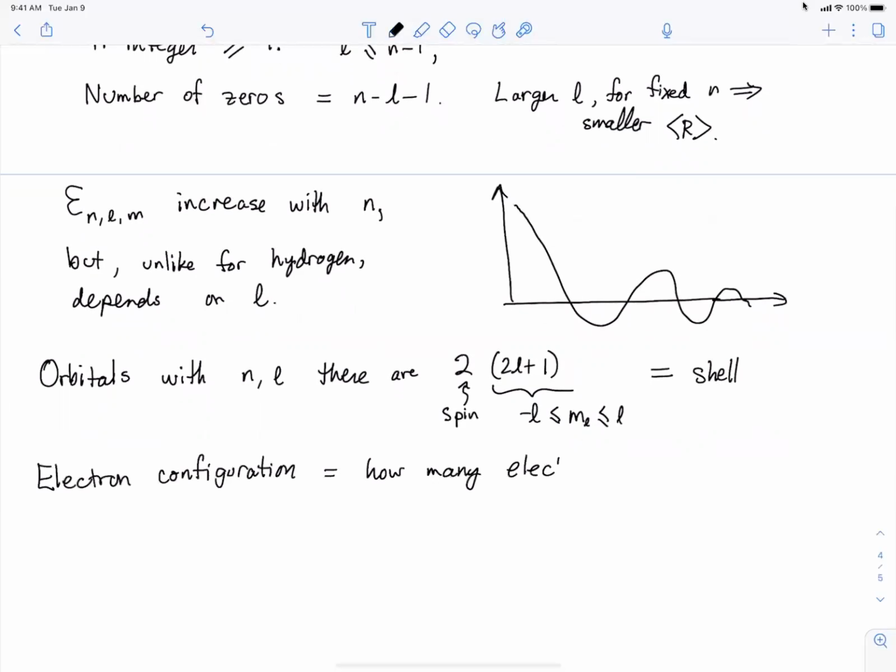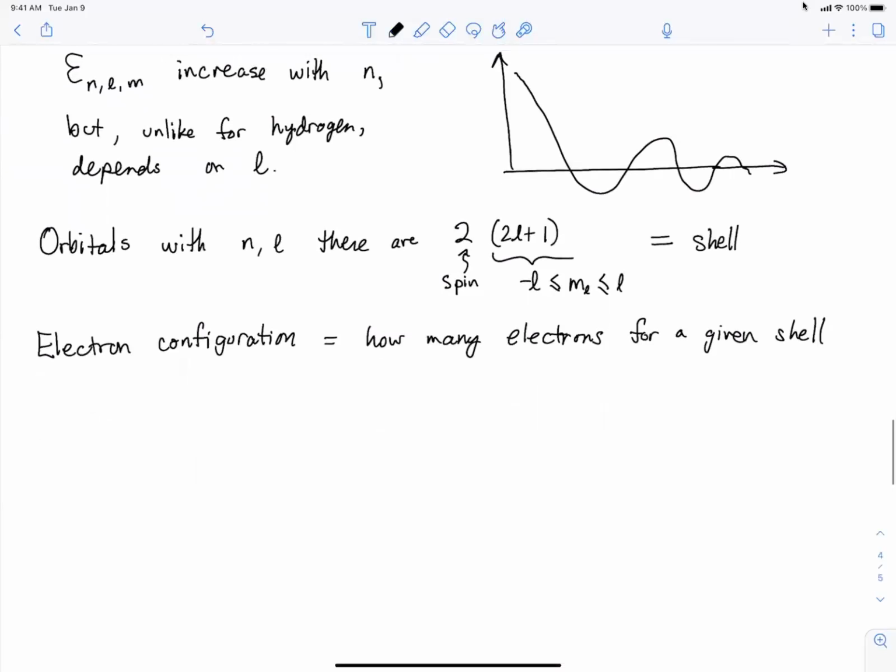And so for the next couple of lectures, we're going to be talking about how to think about electrons filling up shells. Not just how they fill up the shells, but in what angular momentum states they will arrange themselves when they do so.